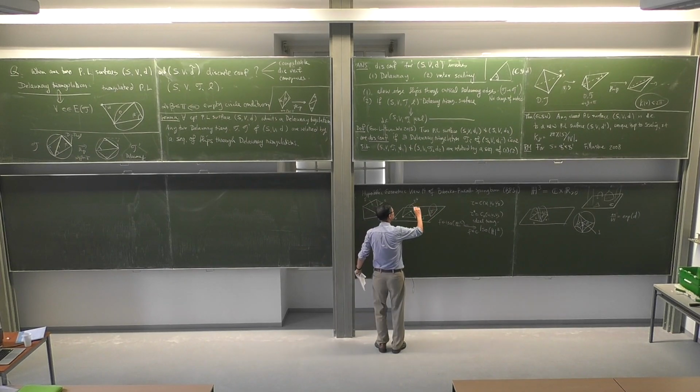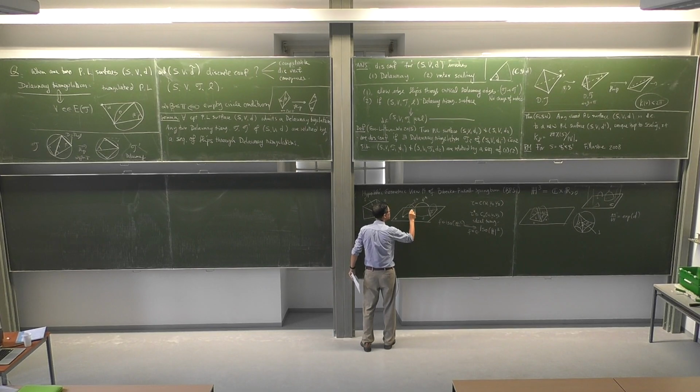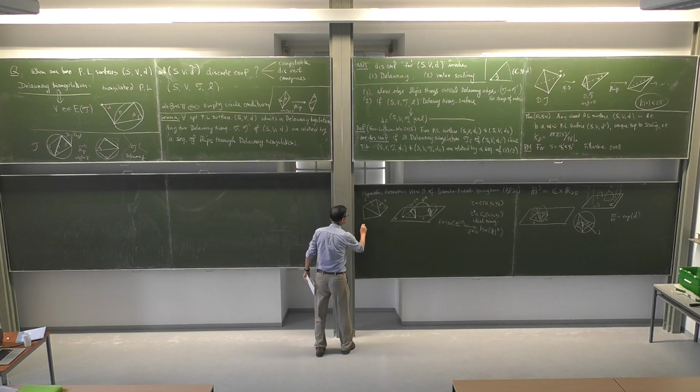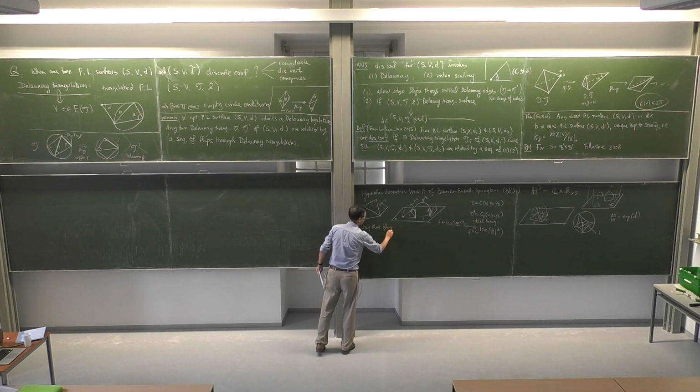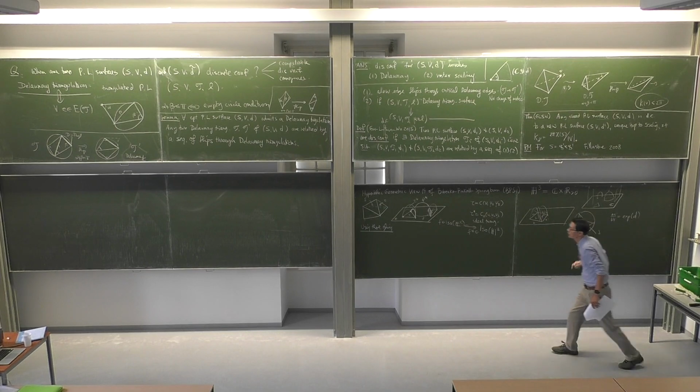Now you may as well use their extension, glue along their corresponding edges. This is the edge over the Euclidean triangle, this is the edge over that. So using these gluings, and this gluing is exactly saying we're doing this process. Okay.